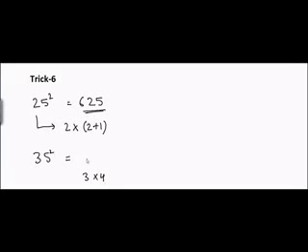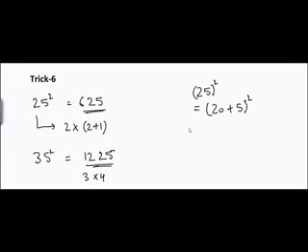How do I come up with this formula? Let's say we have to find 25 square, then that will be equal to 20 plus 5 square, and that's equal to 400 plus 25, plus 200, right?